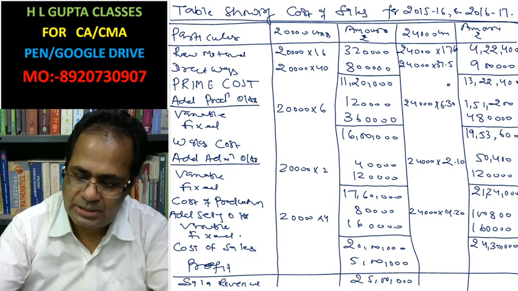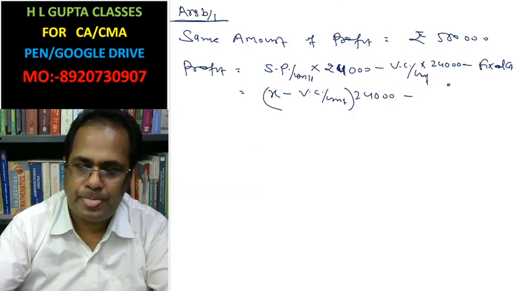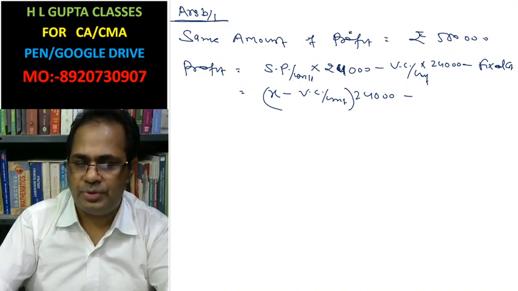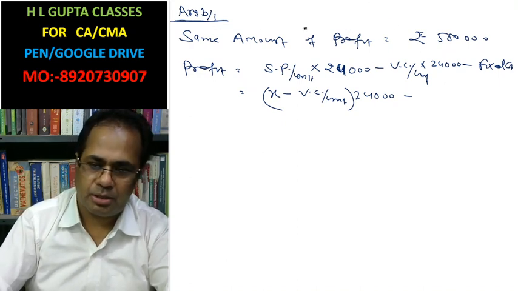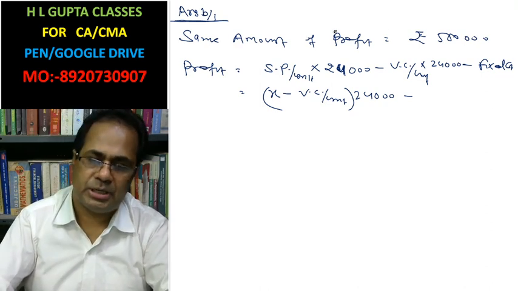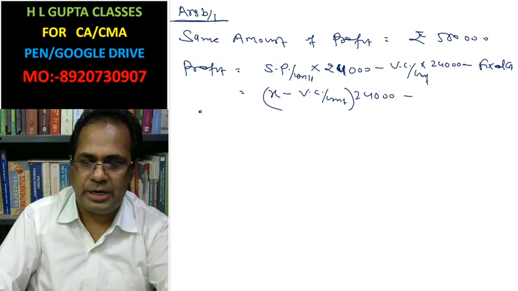This is the cost of sales. This is one way: all fixed cost can be calculated here, and variable cost also you can calculate. You can calculate by this method as well. Now alternative method.